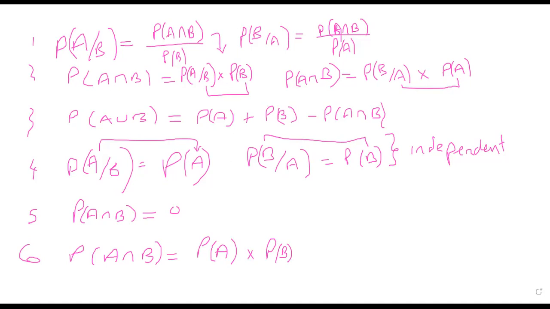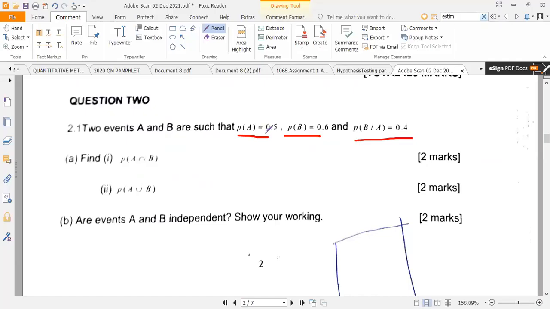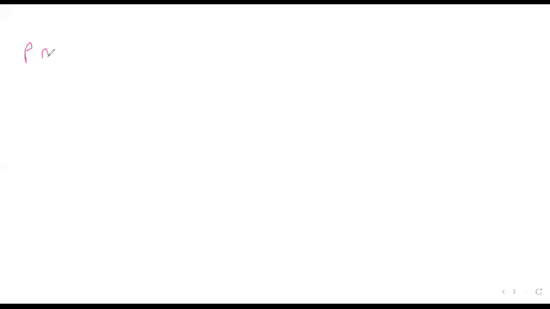Now, with the aforementioned, we're going to look at our exam question paper. What's the probability of A? 0.5, B is 0.6, and B given A is 0.4. So our A is 0.5.